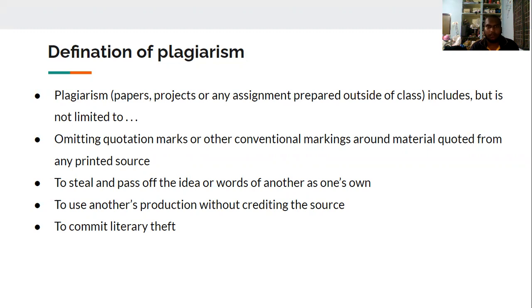So plagiarism is to steal the ideas or words or anything from another. Another definition is to use another's production without crediting the source, which means without giving the credit to the original person, to commit literary theft.